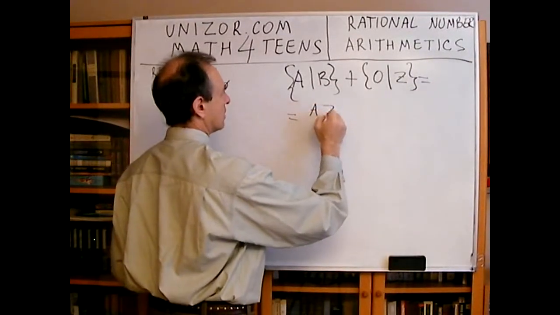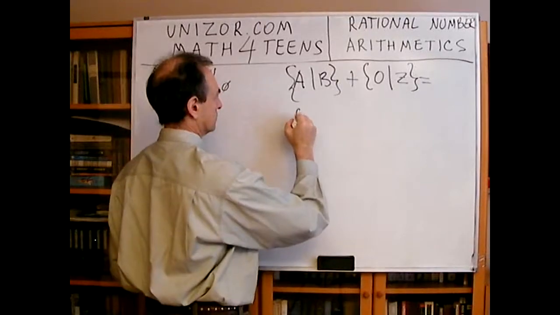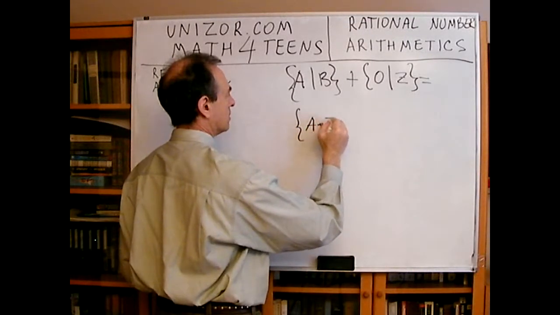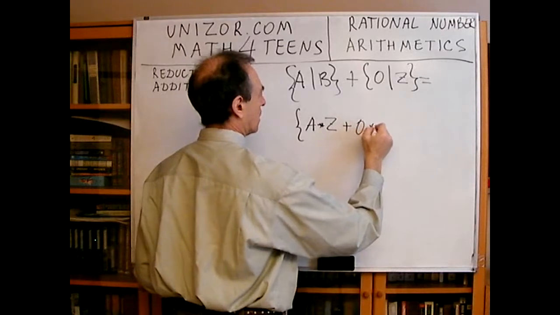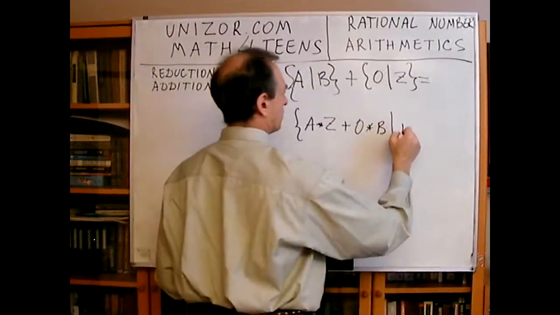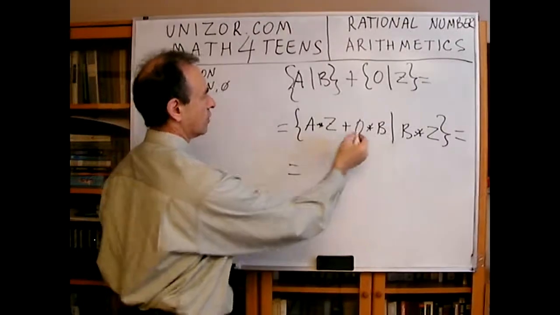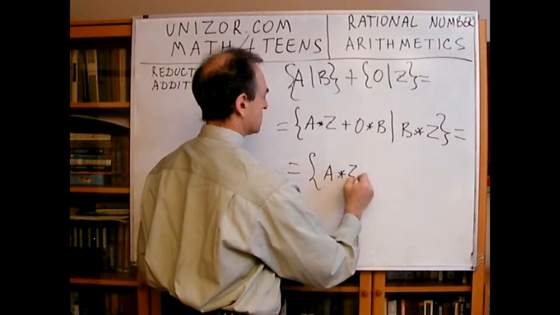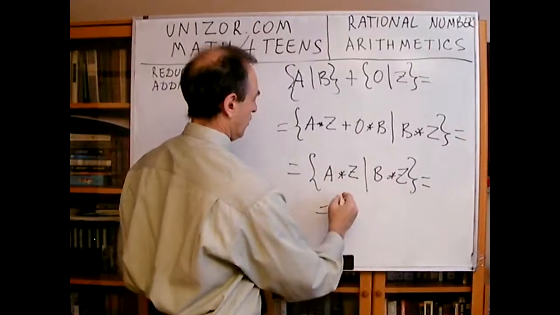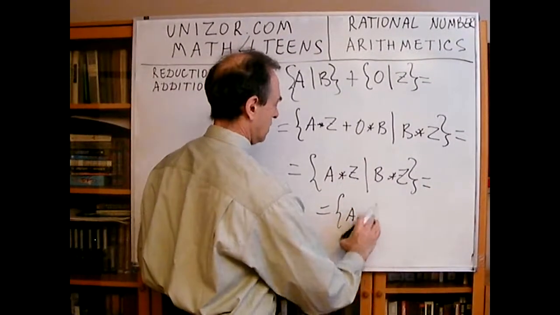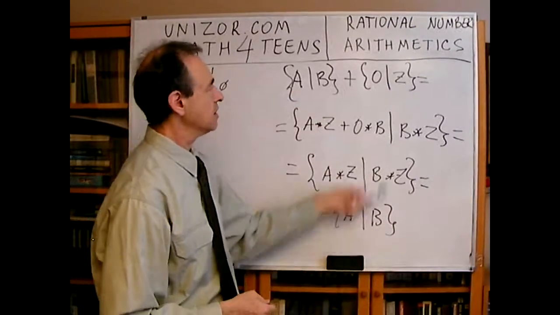So it will be A times Z plus 0 times B over B Z, which equals, well, 0 times B is 0, so it's A times Z over B times Z. Z can be reduced, which results in A over B, as is supposed to be if we are adding 0.